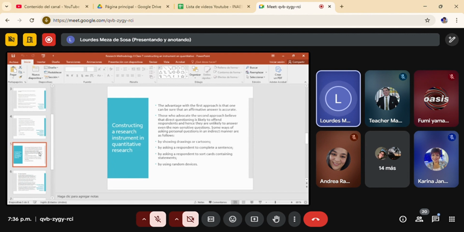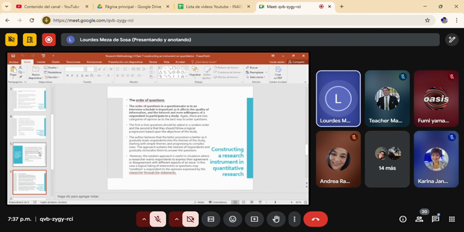If he doesn't want the word to come out, maybe he can choose the answers, right? If it is a very sensitive question, right? I don't know. If you're asking a woman if she had ever been raped, for example, she probably won't like to say it straight, right? But you can make a sentence completion like, have you ever been? And then you can have the choices, right? In order to ask those questions.